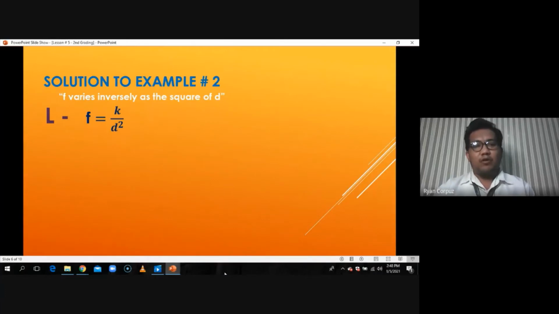Then, according to inverse variation, in order for us to find the constant of variation, all we have to do is find the product of the two quantities. So we come up with the second translation as K is equal to D squared F. Again, let us not forget that when we refer to the product of the two quantities, what comes first in the English alphabet should be written first.